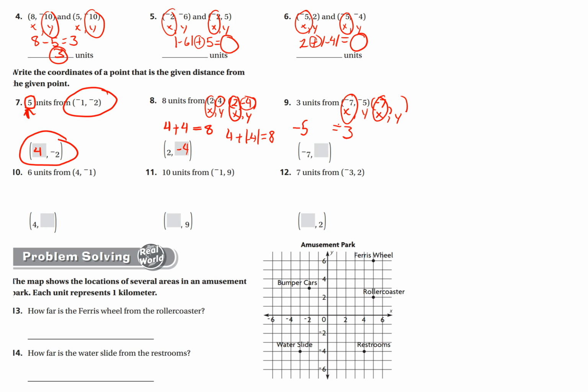Okay. So again, I'm going to say we need absolute values, because if I'm going to go from negative 5 to positive 3, let's see. Maybe I want to graph this one just to double check. I know it needs to be 3 away from each other.